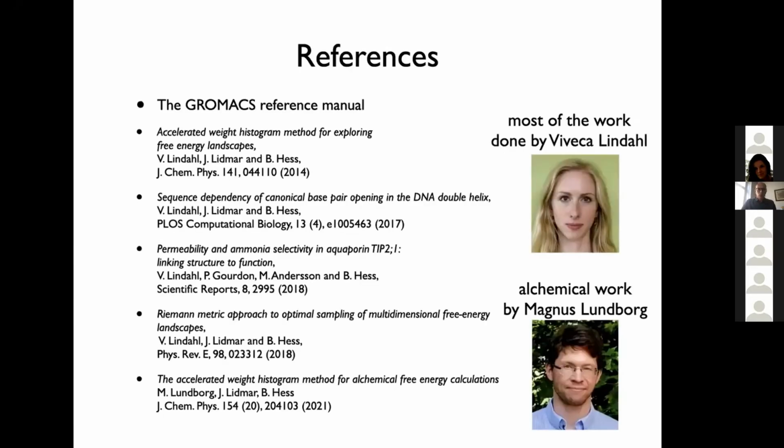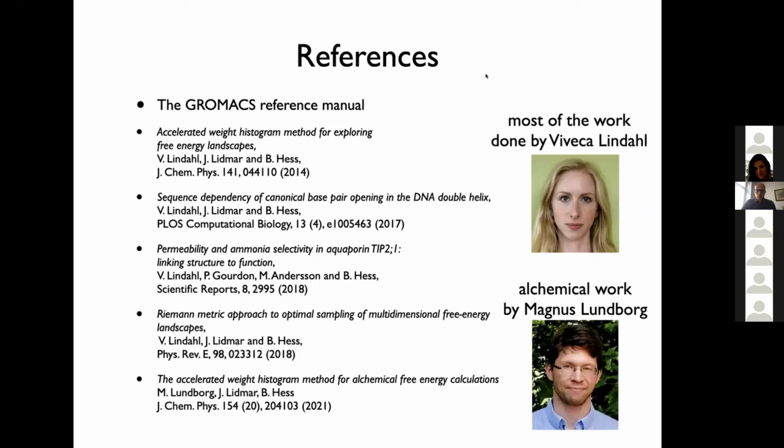Okay, so first the references, to show who actually did most of the work here. There's a list of manuscripts here, actually not the original manuscript by Jaak Litmar, who was not mentioned here. He didn't do any coding, but he developed the original accelerated weight histogram method, which my PhD student Viveka Lindahl, who has now graduated, transformed and adapted for molecular simulations.